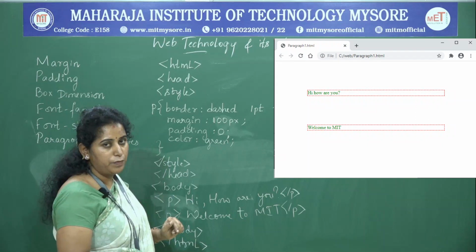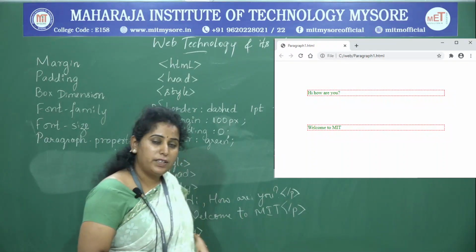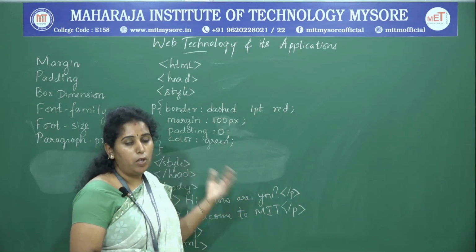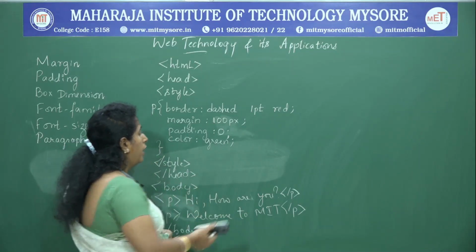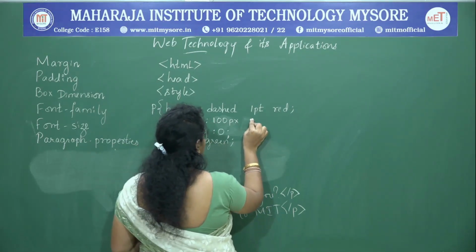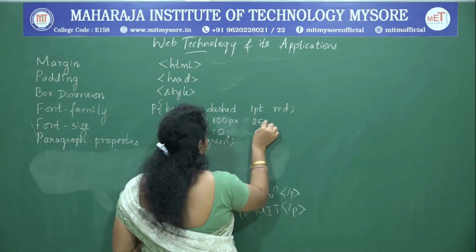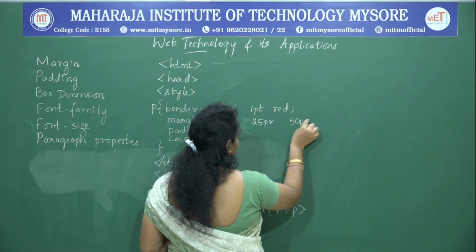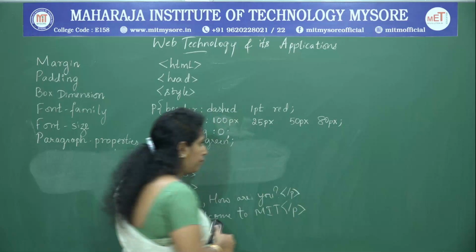margin and padding. Okay. In case of margin also, you can do some different style operations like margin top, how much you wish, margin bottom, how much you wish, margin left, margin right. That is also possible. Instead of that, you can give in this way also. Like this, 100 pixel, this is top, then 25 pixel, this is left, then 50 pixel bottom, then I will give 80 pixel as right.